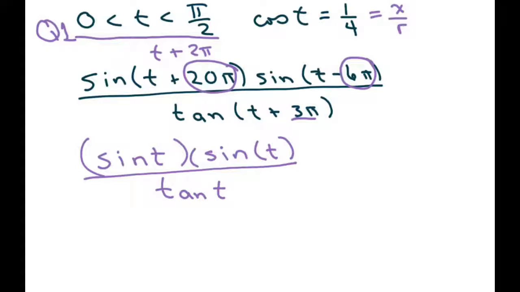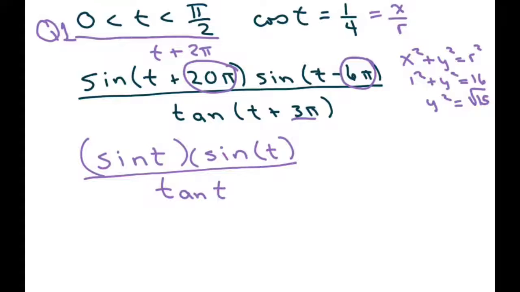And so we have to plug this in. The only thing is we don't have y. So what we're going to do is find y by doing x squared plus y squared equals r squared. So we get 1 squared plus y squared equals 16. So y squared equals 15.